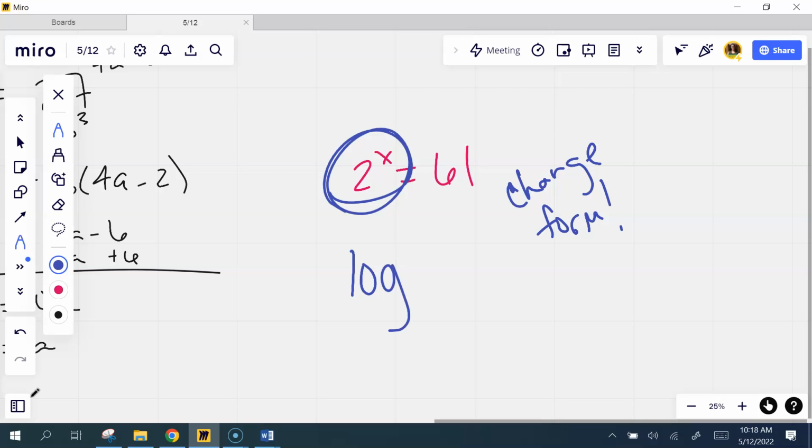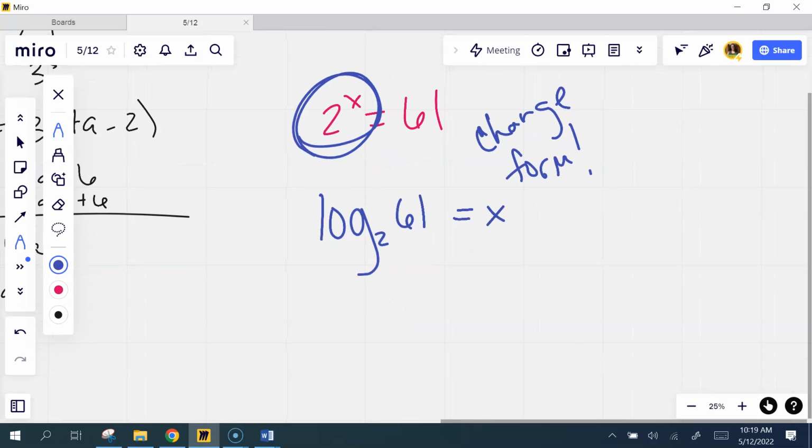So rewrite that in log form and let's see what it looks like. Log, what's the base? Of equals, well, look at there. It's solved for x now. You can put this on your calculator. Now remember your calculator's a base what? 10, so I have to do a change of base. So how do I put this in the calculator?